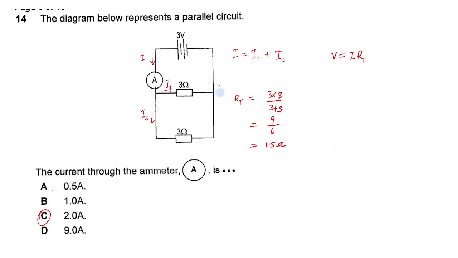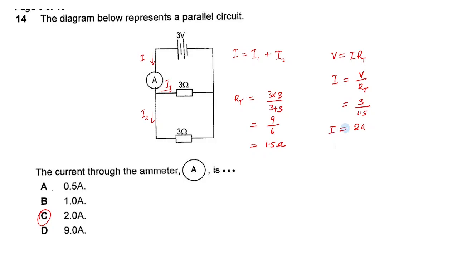In our case we want to use the total resistance. So we make current the subject of the formula: current equals voltage divided by R total. The voltage is 3, so 3 volts divided by 1.5 ohms, which is 2. So current will be 2 amps.